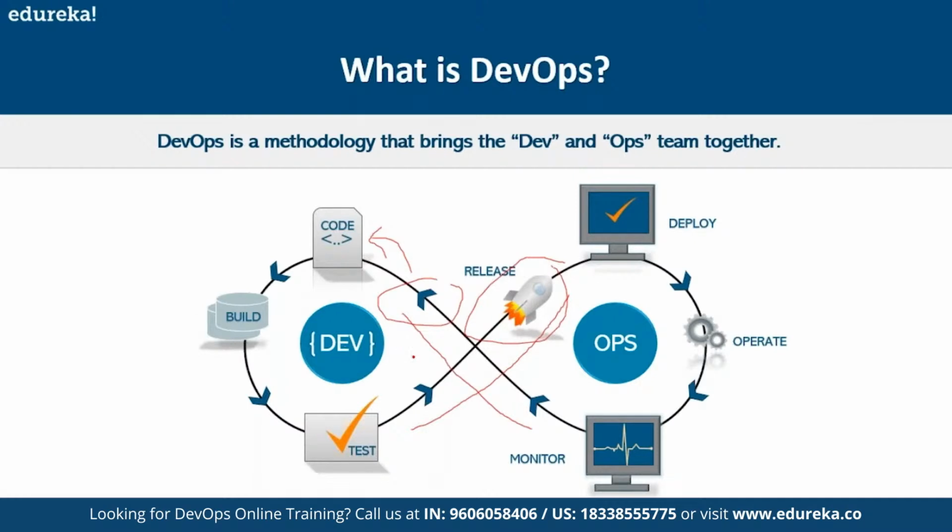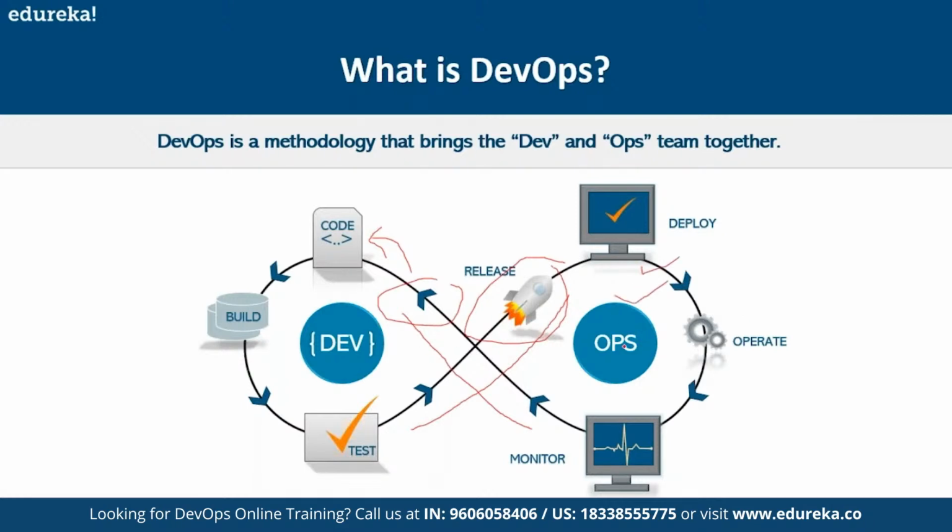That is why we need a proper management system, so that the interaction between the developers and the operations team is quick. In short, the developers team should get feedback from the operations team fast, and based on that, should be able to work fast on the code and get it released for the operations team to deploy.